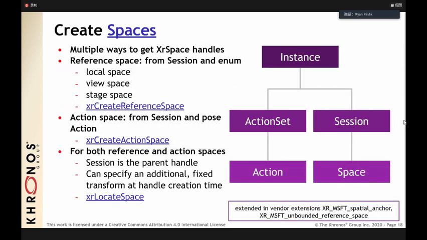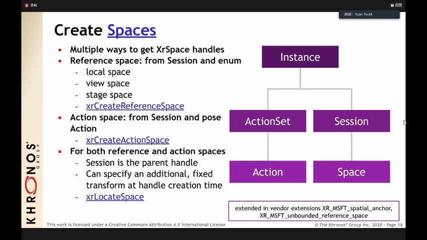To interact with tracked objects, you use XR space handles. There are multiple ways to get these handles. Several spaces are known as reference spaces. You access these using your XR session and an enum. Three of these are local space, view space, and stage space. There are additional ones added in extensions.